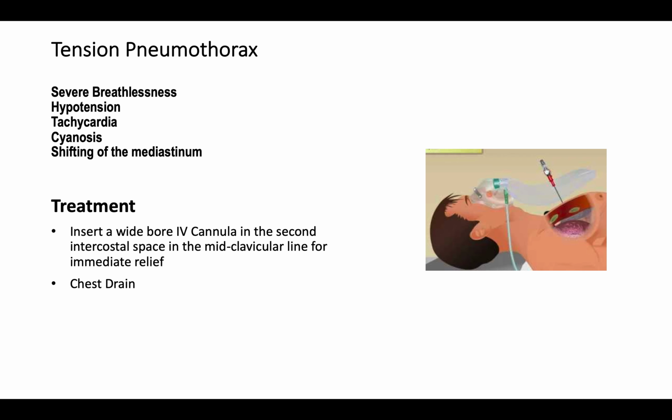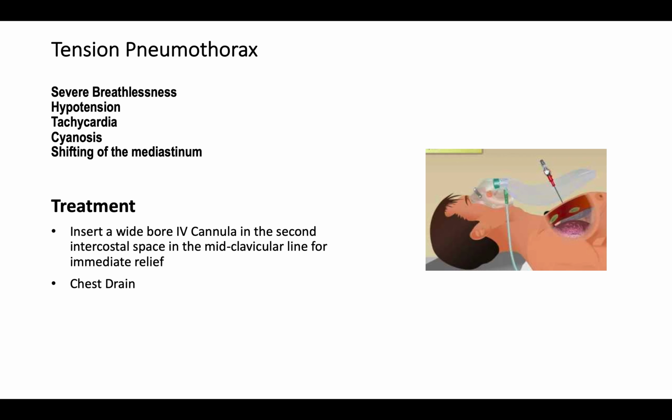These patients are severely breathless, the blood pressure starts dropping, they have significant tachycardia, they may be cyanosed, and the trachea may be shifted to the other side. They need immediate attention.